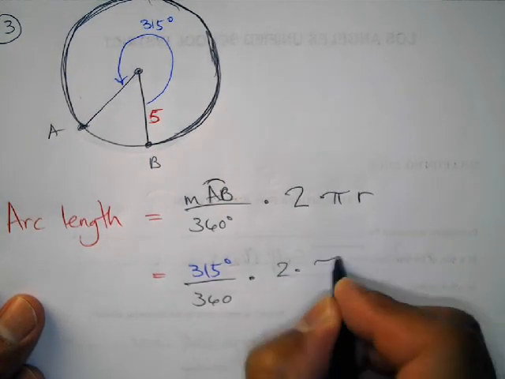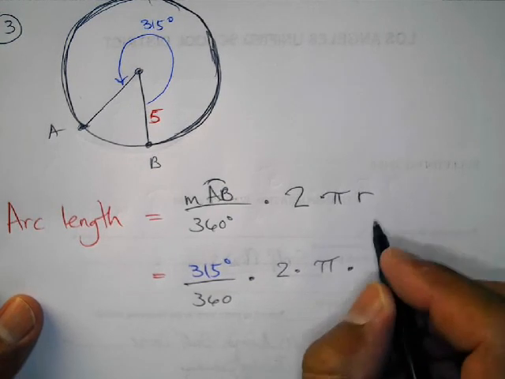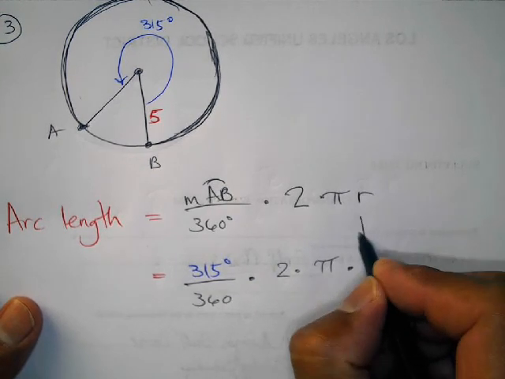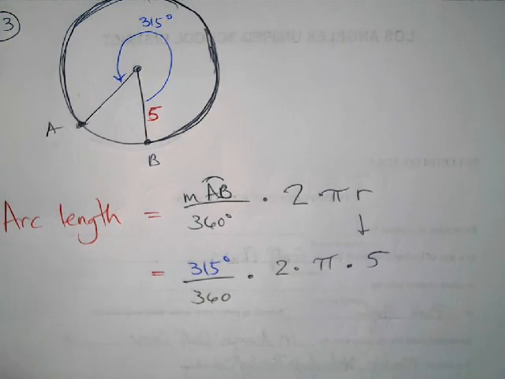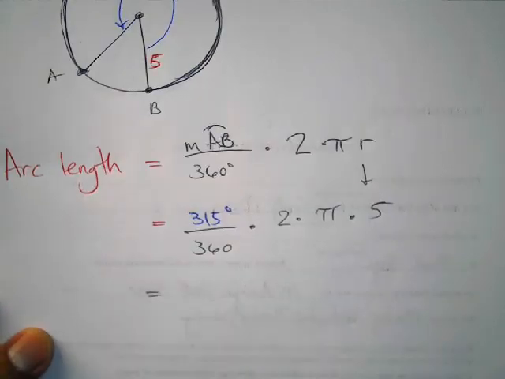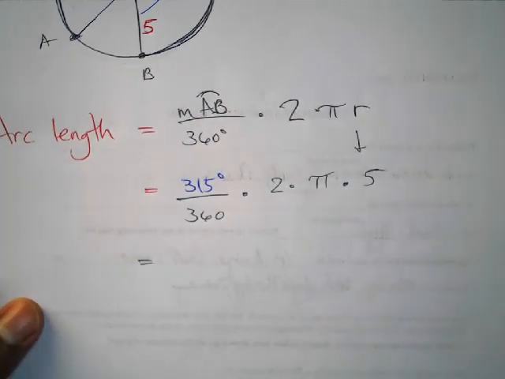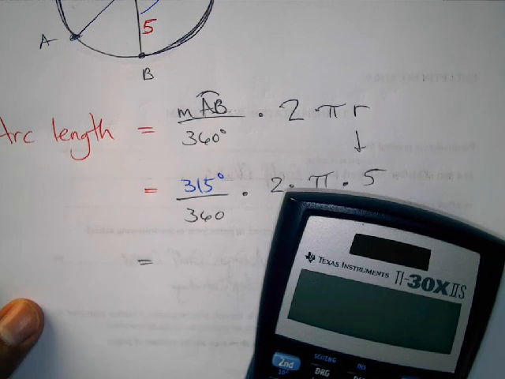What's the angle? 315 degrees divided by 360 times 2 times pi times, what's the radius? 5.